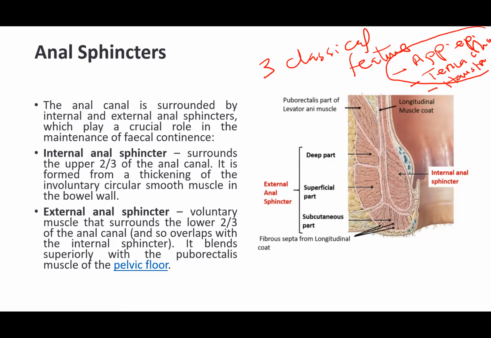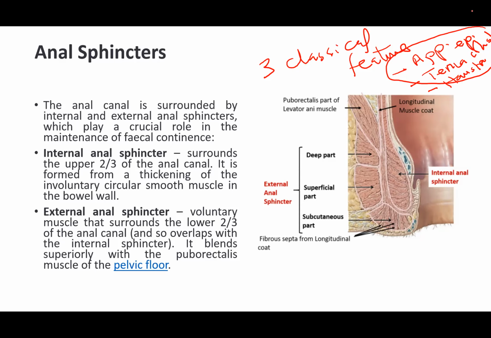These three features are absent in the rectum and anal canal. The anal canal is surrounded by the internal and external anal sphincter, which play a crucial role in maintenance of fecal continence.